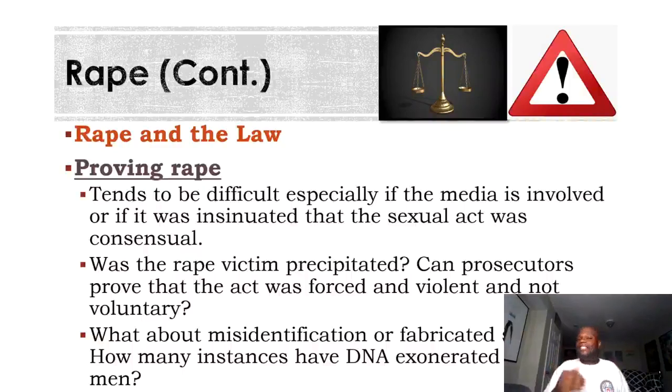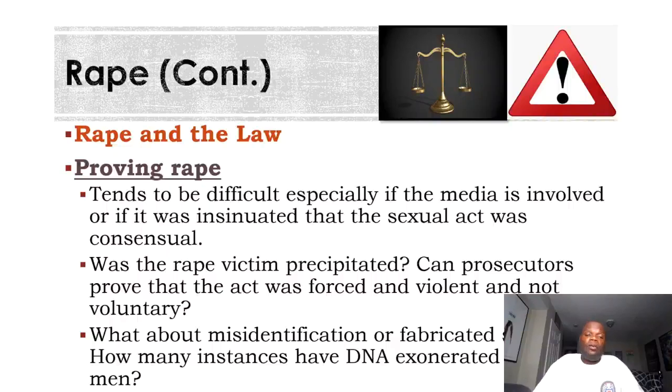People do lie. DNA has oftentimes exonerated people for lies, but the damage is done when you are accused of being a rapist or someone who's committed sexual assault. Nobody's going to want to work with you. Nobody's going to want to be around you. It is very, very real. And so it's important to know that proving it can be very challenging in court.